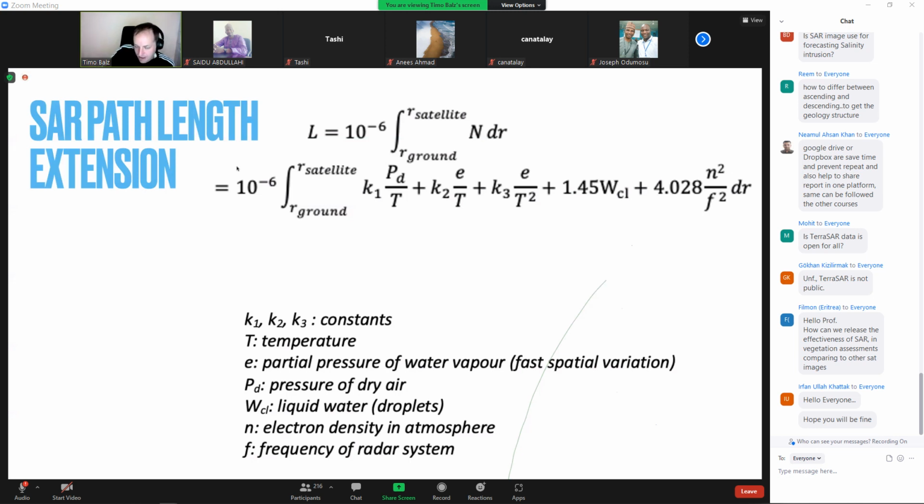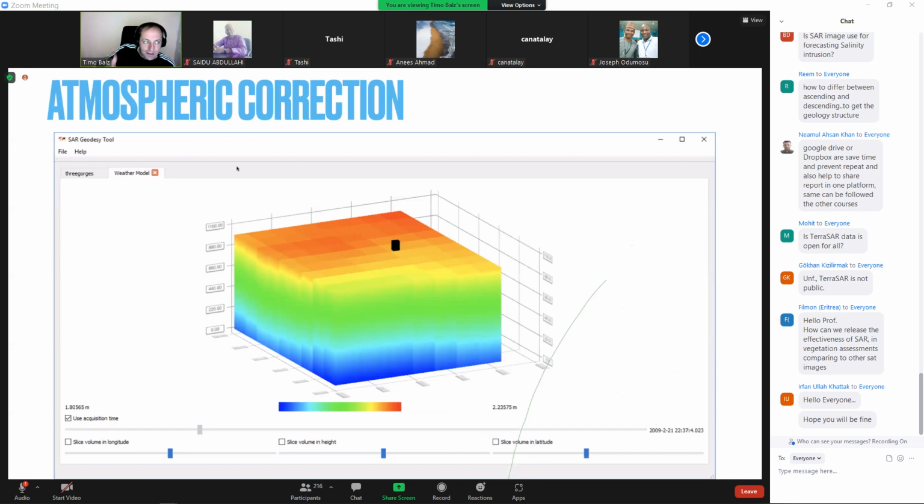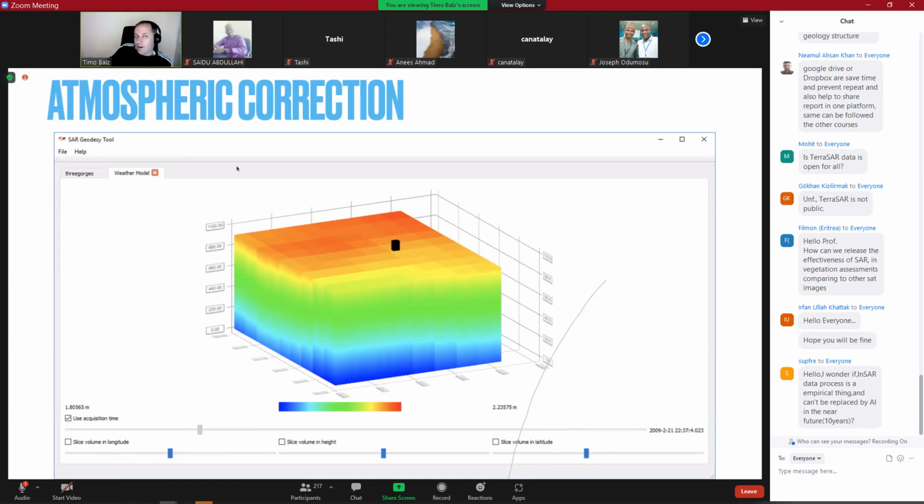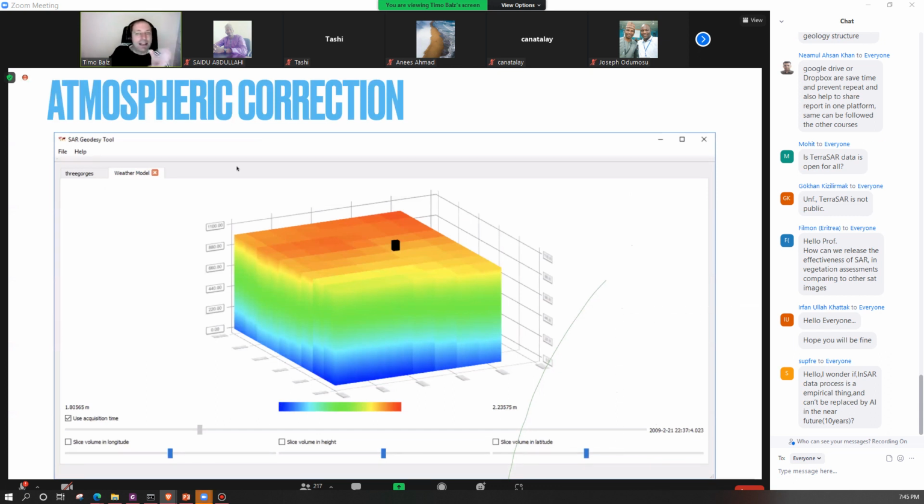Okay, you can download weather models, right? And they include all these values. However, the resolution is too coarse for you to really correct for them. But with these models available, we can correct for some of them, especially if you do not have a very dynamic weather situation, right?